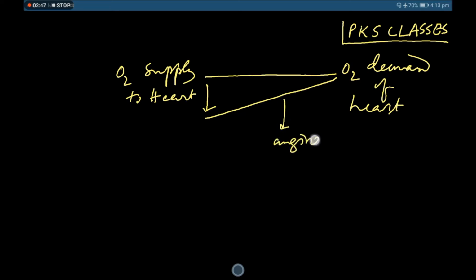So what can we do? We can increase the oxygen supply. How can we increase the oxygen supply?